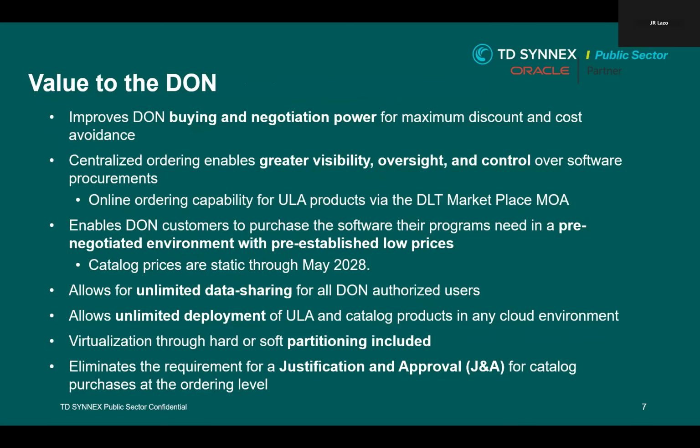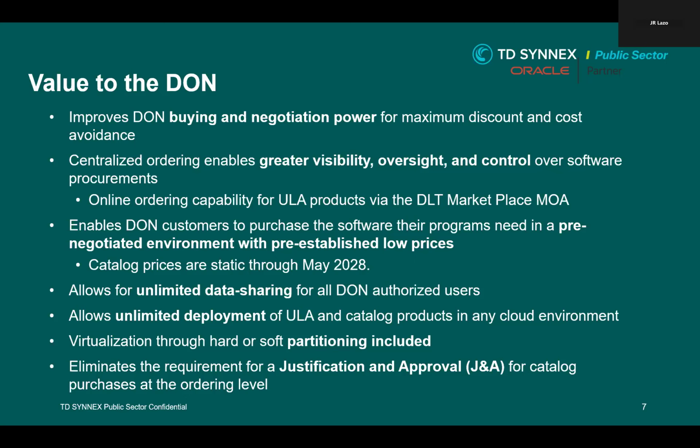So this slide highlights the key benefits of the Oracle 3 Enterprise Software Agreement. I won't read into each one, but there are a few I wanted to highlight. First point I want to highlight is that the ESLA improves the Navy's buying and negotiation power for maximum discount and cost avoidance. It also provides a centralized ordering platform via the DLT Marketplace, which enables greater visibility, oversight, and control over software procurements.